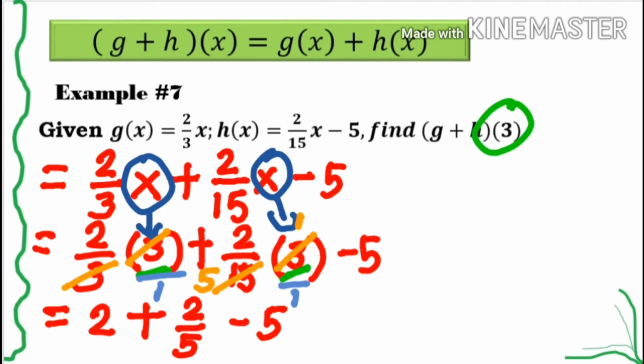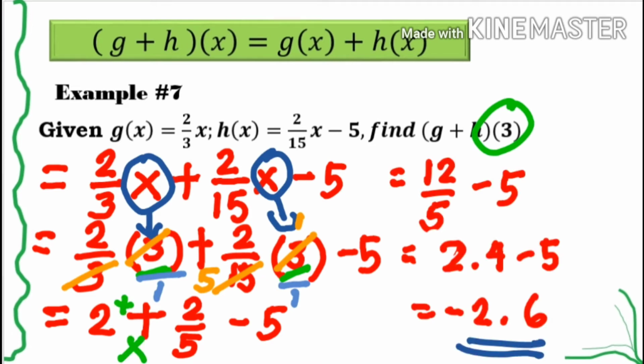So you can also use a cancellation method if they have a common factor. 2 plus 2 fifth is equal to 2 and 2 fifth. To make it improper, 5 times 2 is 10, plus 2 is 12. Then copy the denominator, which is 5. So 12 over 5 is 2.4, minus 5 is equal to negative 2.6.